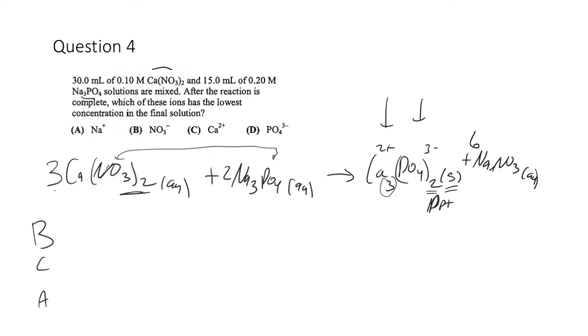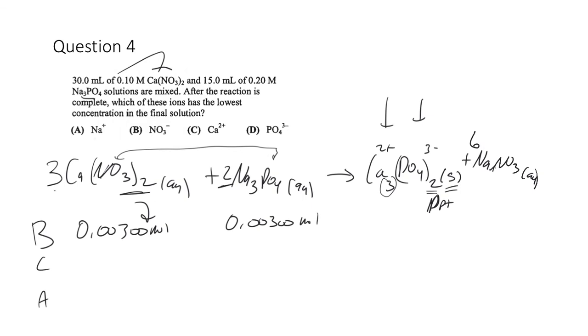But the reason why I like it is that our thought process can come out with the BCA chart. Maybe we can do this without even writing out the chart, but let's think about the chart for a minute. 0.03 liters times 0.1 is 0.003 moles of this, and then my sodium nitrate is 0.015 times 0.2, so that's the same number of moles.